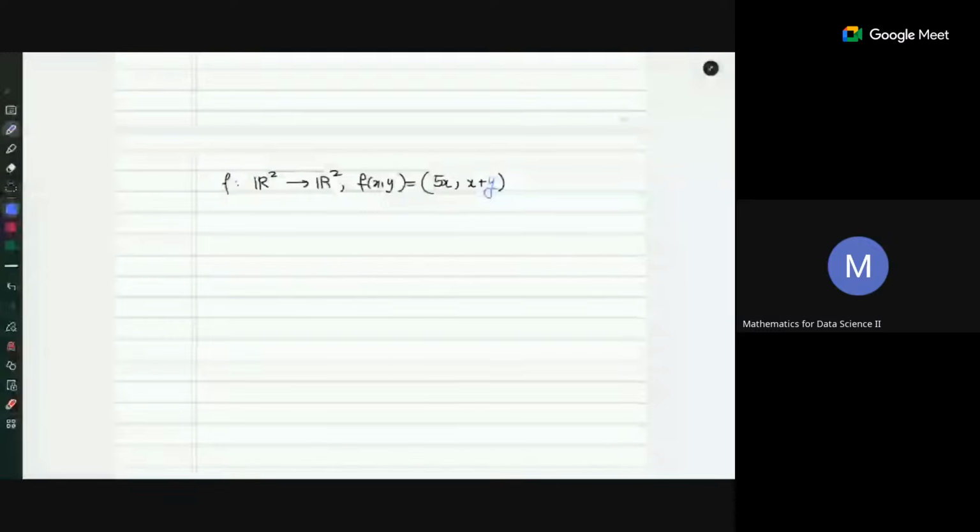Now, first of all, the question is: is this map a linear map? My question to you is, is this map a linear map?